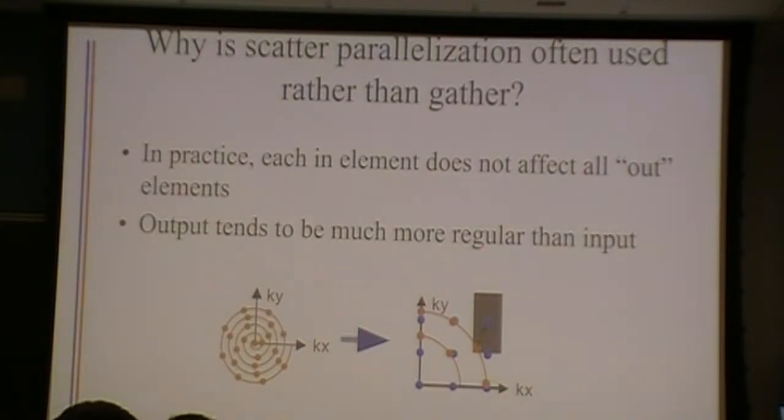And another reason that this is done is sometimes because the output tends to be a lot more regular than the input. And so it's kind of easier to, I don't really know if I buy this. I would say really it's this first one, and I would say the second one is often that the CPU code is written in a scatter style.